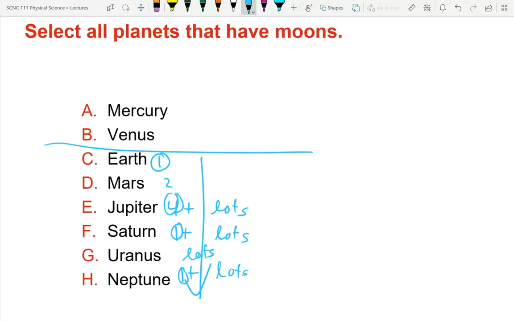Remember I talked about Phobos and Deimos, fear and terror? Those are the moons of Mars. Jupiter, we saw the Galilean moons, Io, Europa, Callisto, Ganymede. Once again, I can't remember the order, even though we saw it. Saturn, its major moon is Titan. Neptune's major moon is Triton.